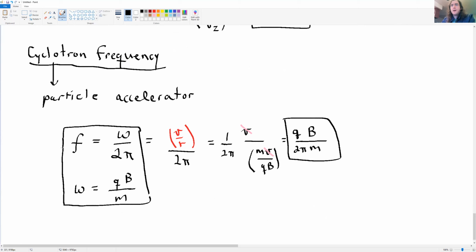What's nice about these expressions is that if you know the frequency with which charged particles like electrons move around in a circle in something like a cyclotron, or if you happen to be accelerating ionized atoms or something like that, you can use these expressions to measure the charge to mass ratio.